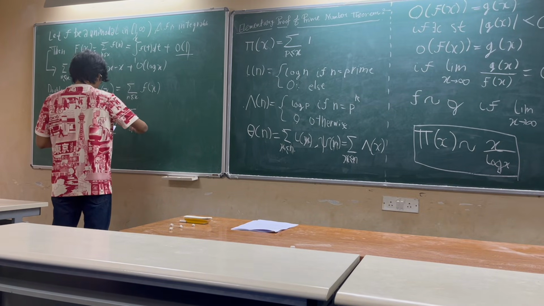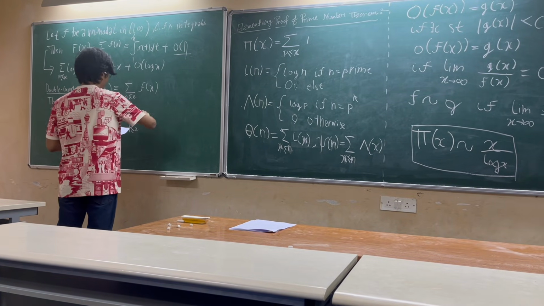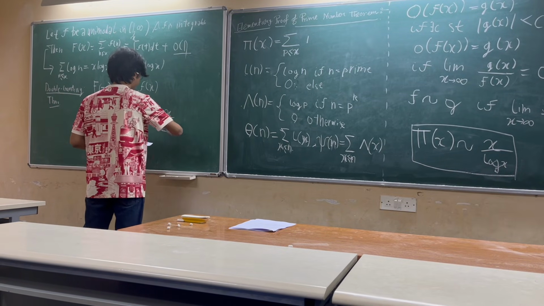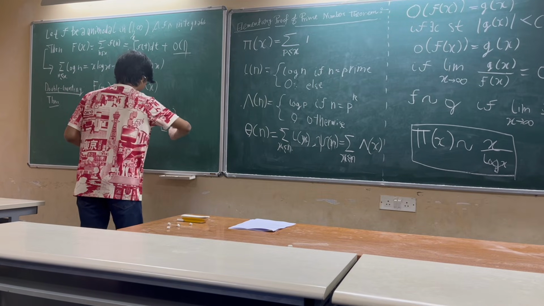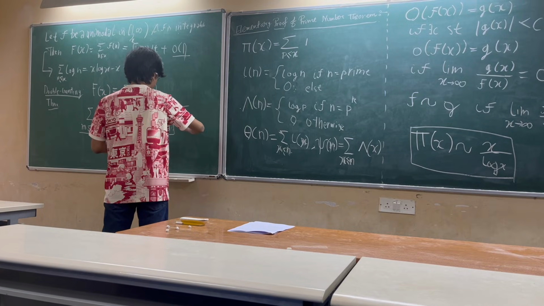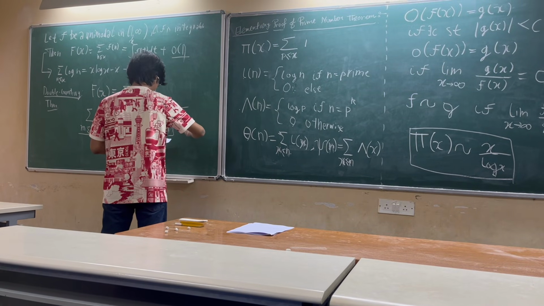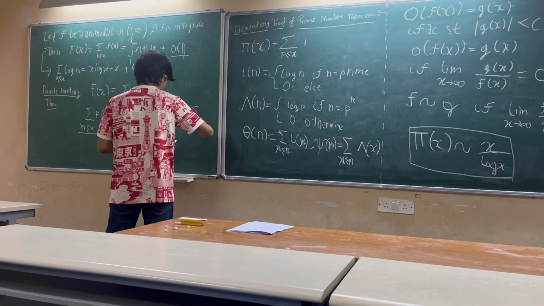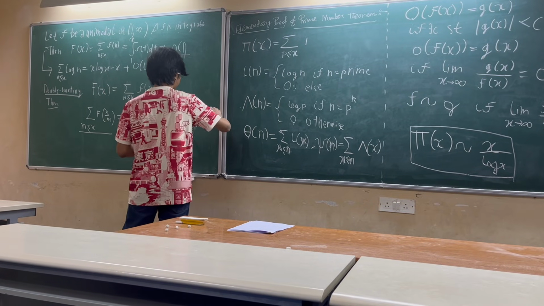You have the summation over d less than or equal to x of f(d) times the floor of x by d, the greatest integer function, and at the same time you can write this as the sum over n less than or equal to x, where n is an integer, of the sum over d dividing n of f(d).